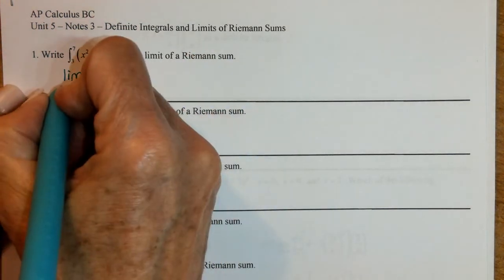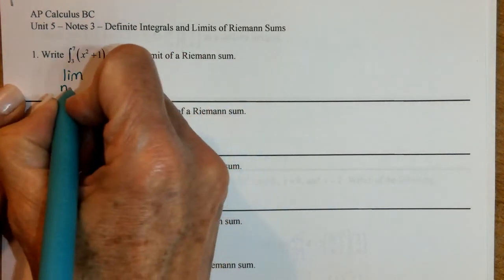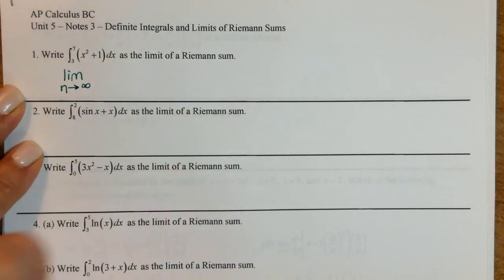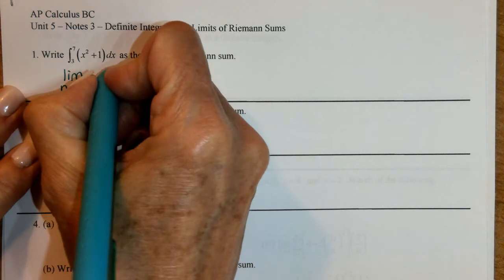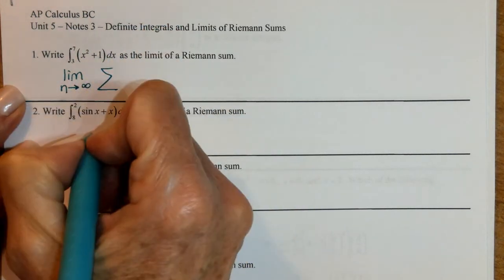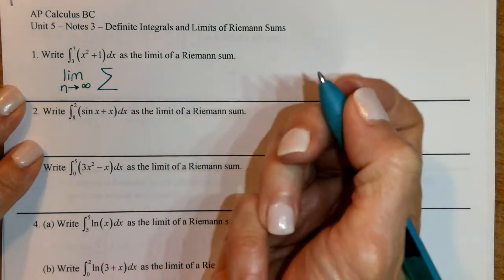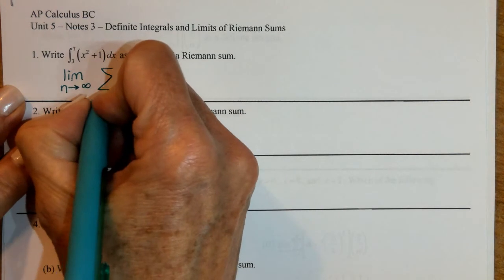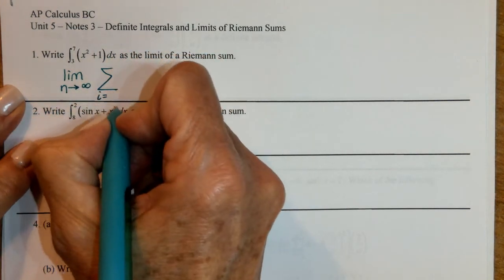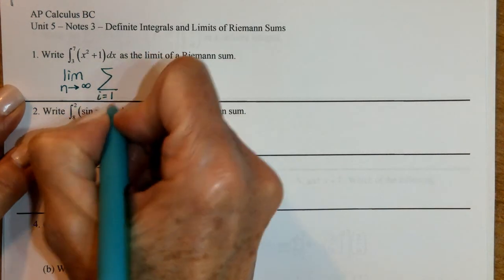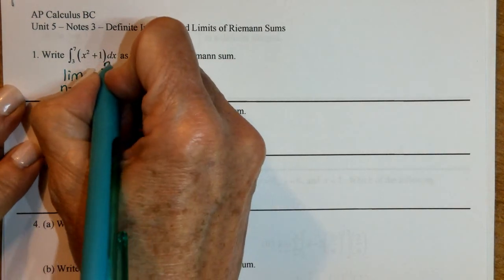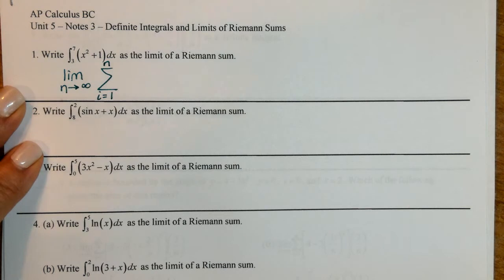So limit, the number of rectangles, n, is going to infinity. And then here comes your Riemann sum. Sum counter, I'm going to use i. And this is counting the rectangles. So we're going from the first rectangle to the last rectangle, and the last rectangle is n.